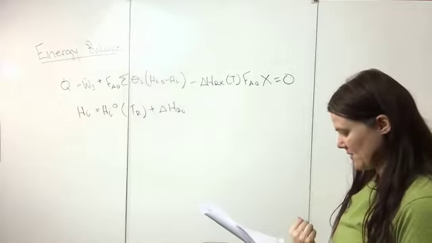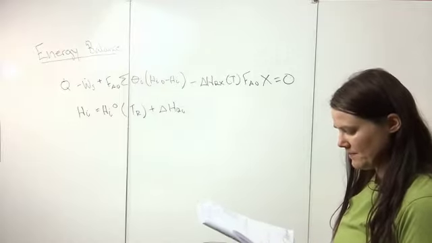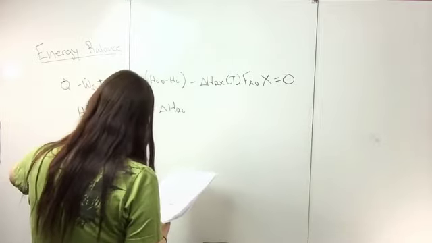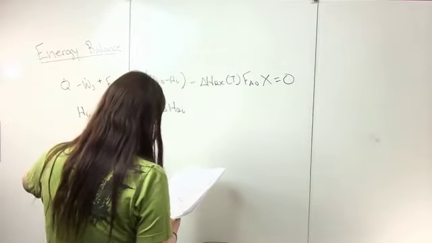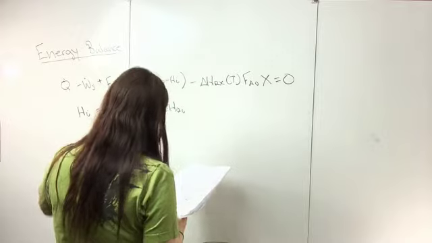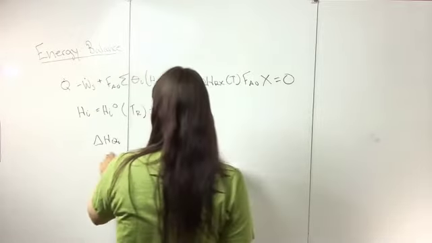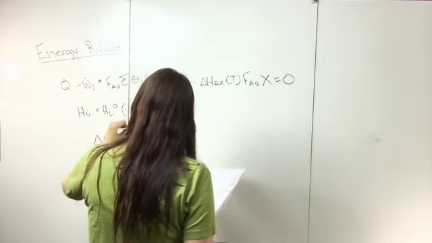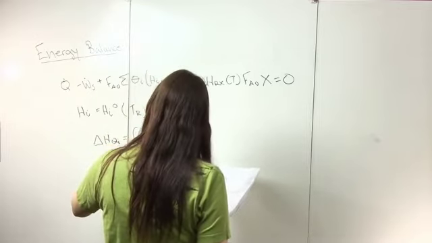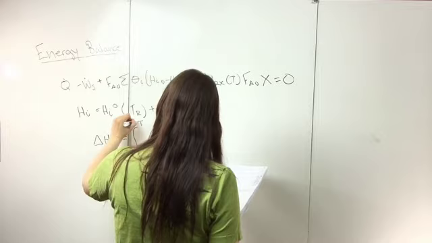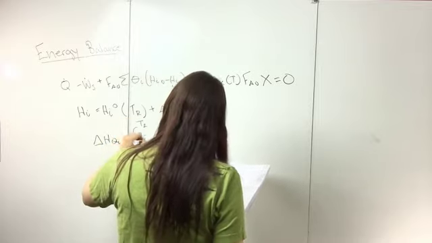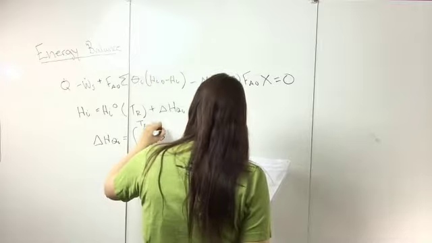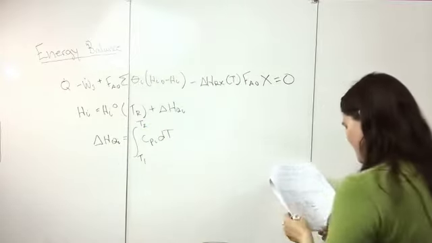And so if we assume no phase change, then we can say that this term, the change in enthalpy with the change in temperature, is equal to the integral of temperature 1 to temperature 2 of the heat capacity dT.